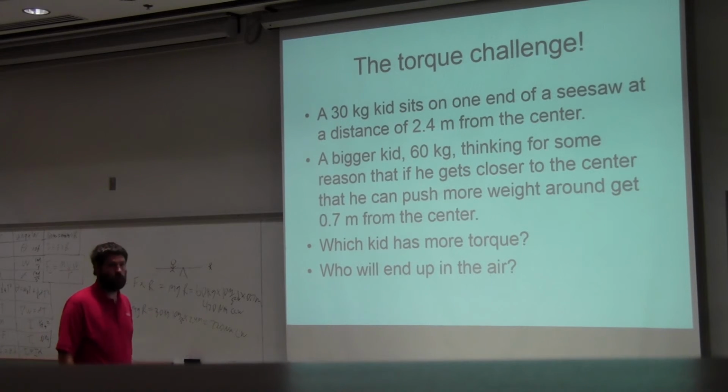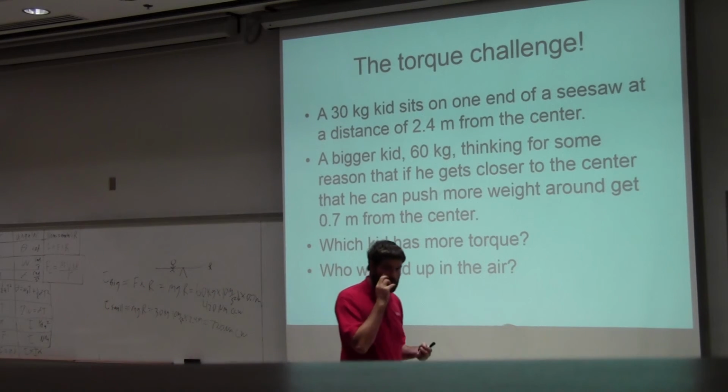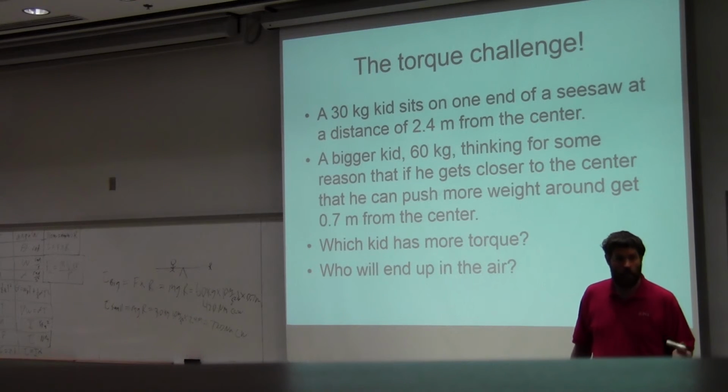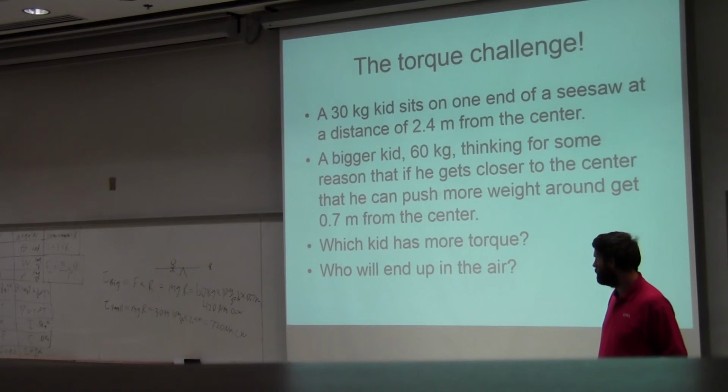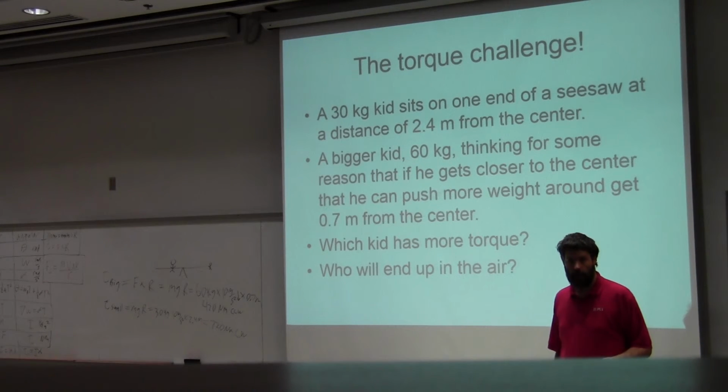Now I can go one step further and calculate the net torque. Much like we have a net force, if we have multiple forces on an object, we can calculate the net force. We can also calculate the net torque. So I would take 720 clockwise minus 420 because it's the other way, and I would get that the net torque is 300 Newton meters clockwise.